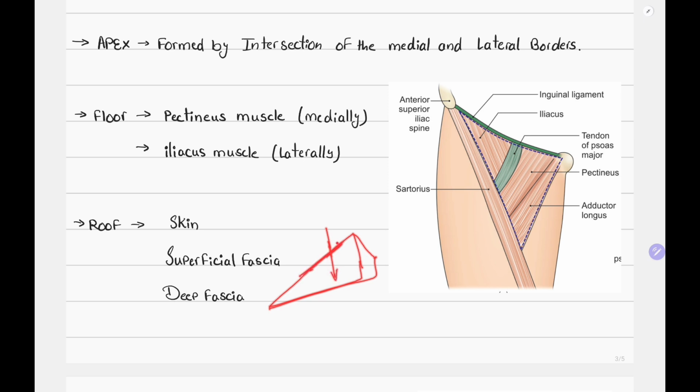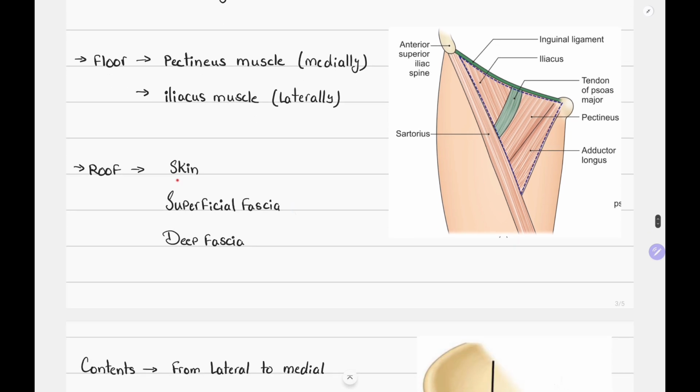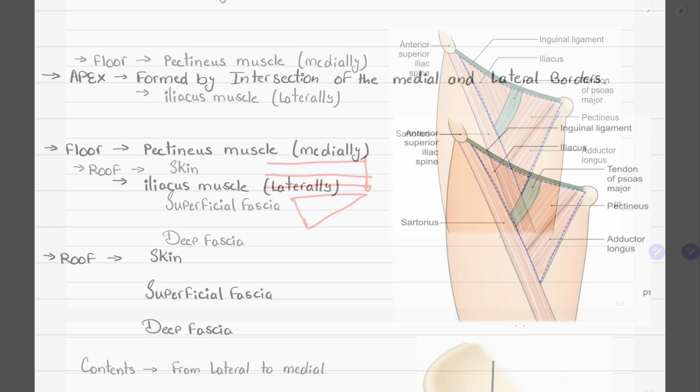The roof is formed by skin, and deeper to the skin is the superficial fascia, and deeper to that is the deep fascia. Suppose this is our skin, this is the superficial fascia, and this is the deep fascia. If we pierce down till the deep fascia, then we will find this triangle.